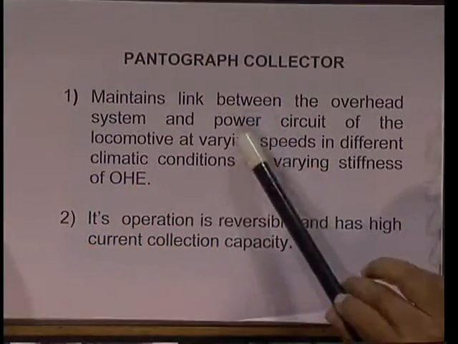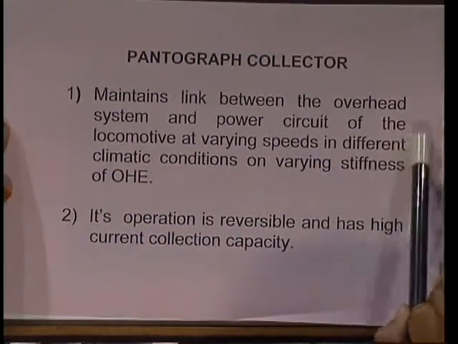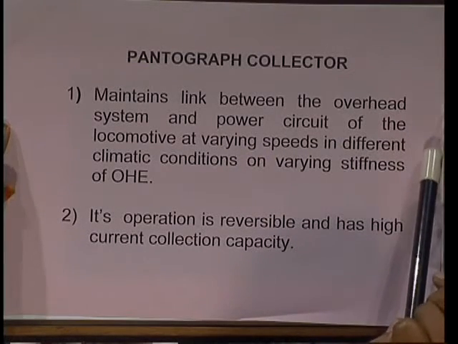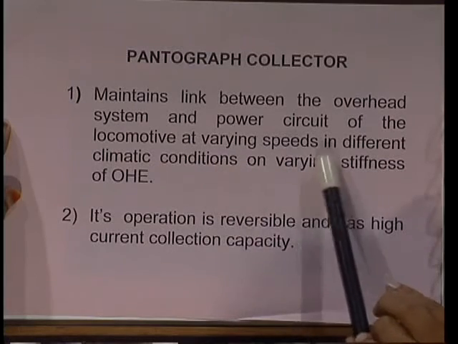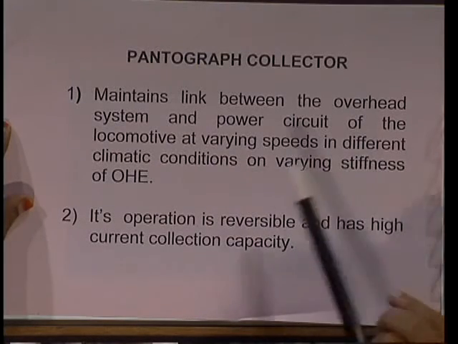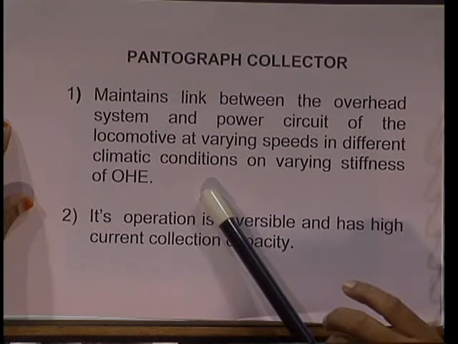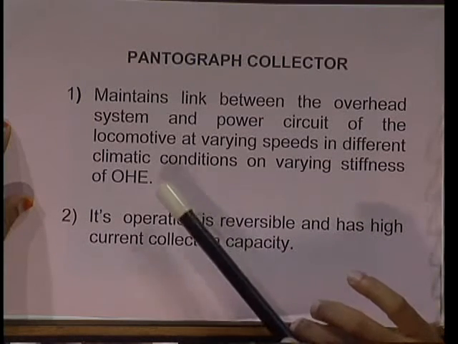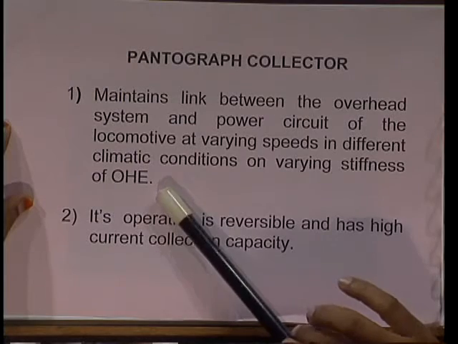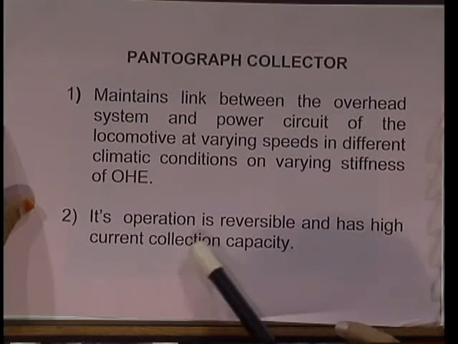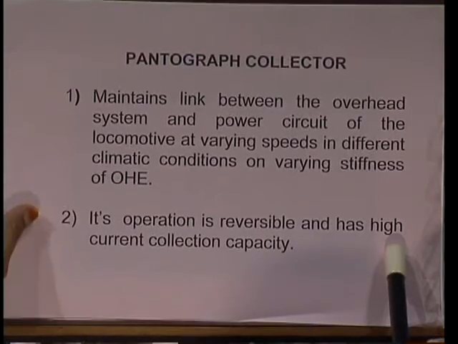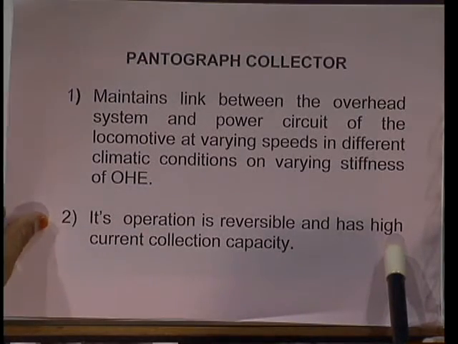The pantograph collector maintains link between the overhead system and power circuit of the locomotive at varying speeds in different climatic conditions on varying stiffnesses of the overhead equipment. Its operation is reversible and has got high current collection capacity.